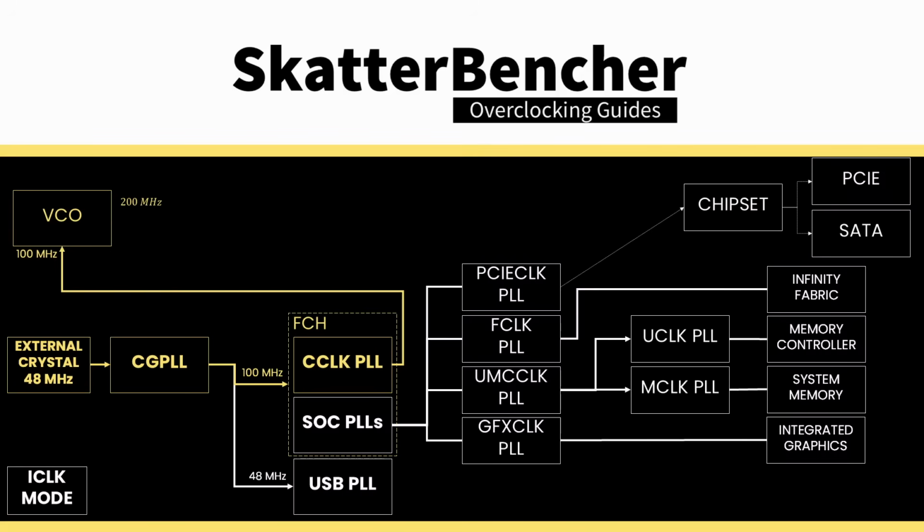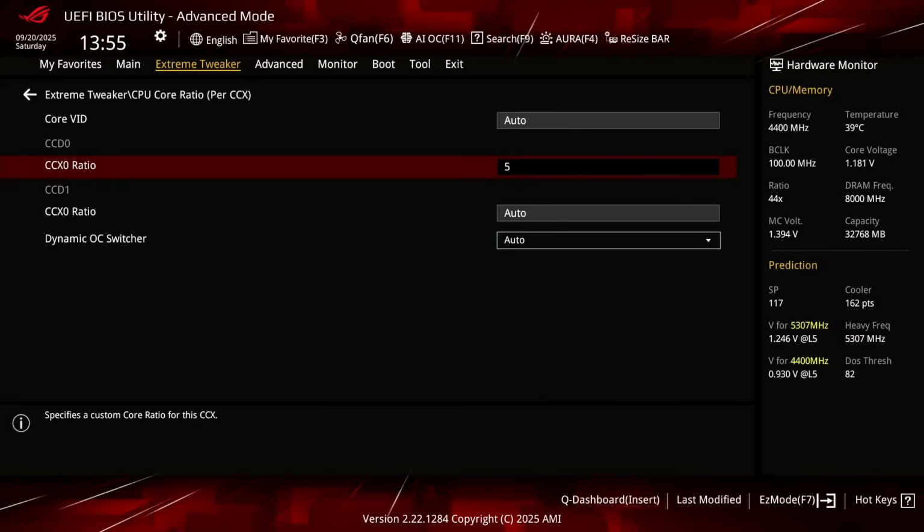The CCLK PLL 100 MHz reference clock drives the 200 MHz VCO, which is then multiplied by an FID and divided by a DID. This used to provide us with a 25 MHz clock granularity, but with Granite Ridge processors, we can now set the frequency in steps of 5 MHz or 0.05x.